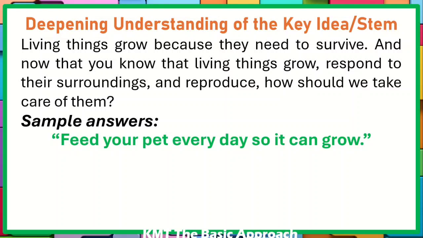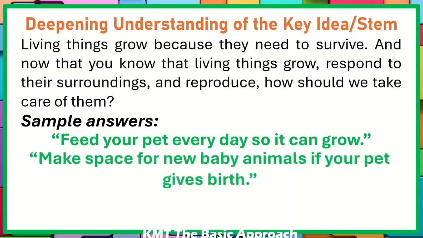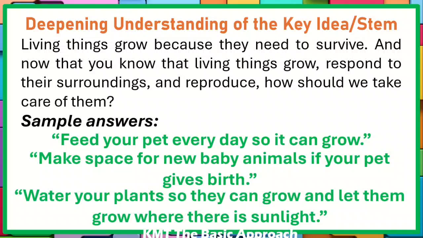Feed your pet every day so it can grow. Make space for new baby animals if your pet gives birth. Water your plants so they can grow and let them grow where there is sunlight.